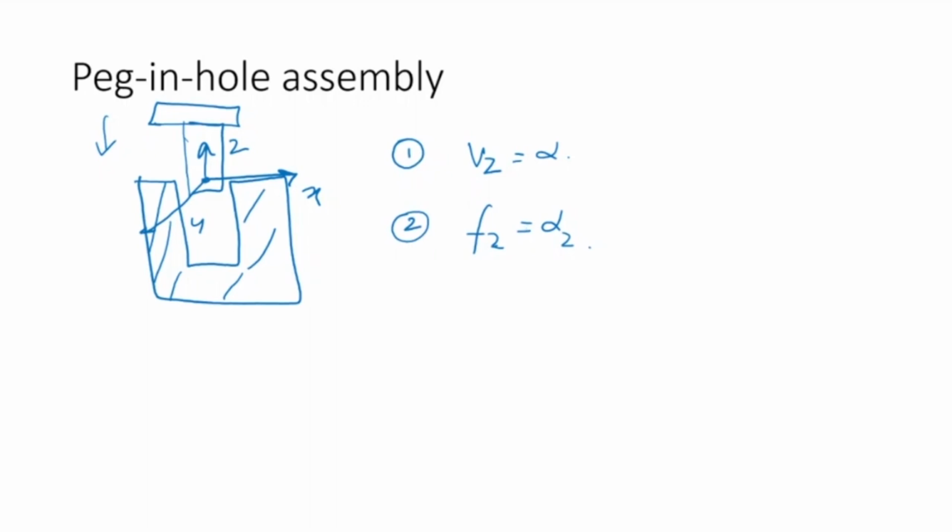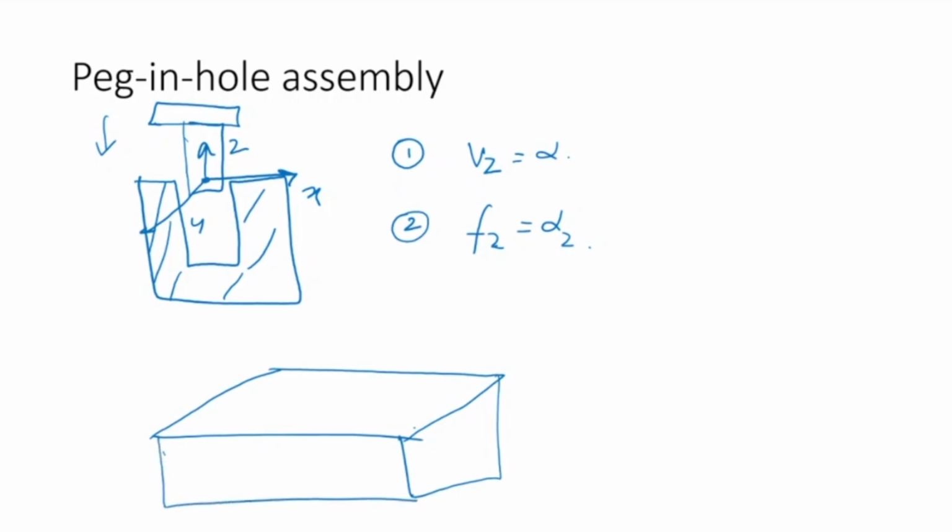Okay, so for example, if you have peg in hole assembly, this is another example. Now let me take a bigger example. Let's say we have a base plate, and we have a hole in there, and you have to insert it here. Okay, what are the various steps of motion? Suppose this peg could be anywhere else.